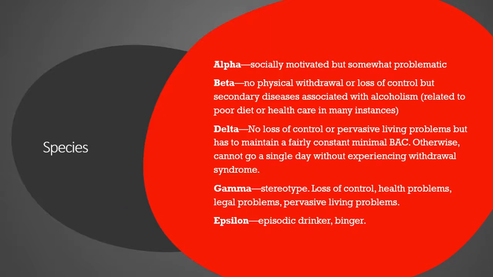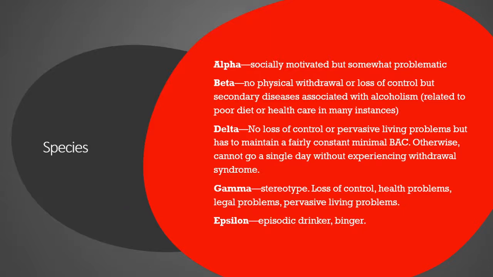And a species isn't like a different colored bird that you find on this side of the Grand Canyon as opposed to that side of the Grand Canyon. A species for Jellinek is really describing a type of drinking pattern and describing how this particular type of drinking affects individuals.